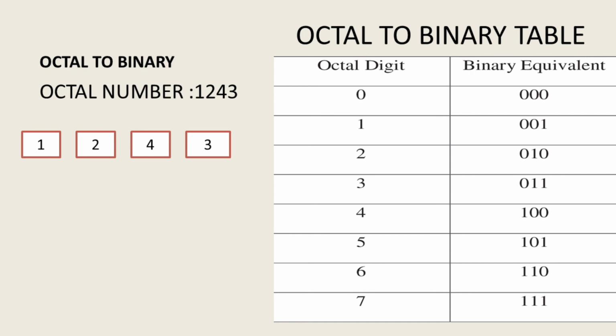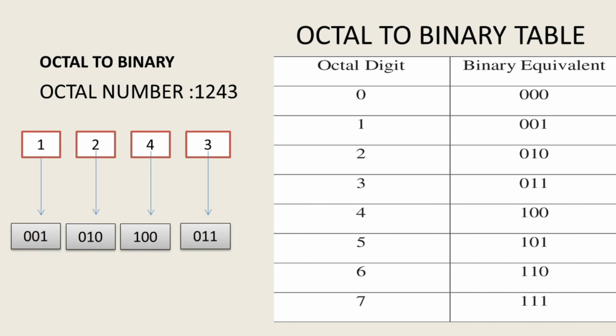What I did is I segregated all the digits of the octal number. The digits are 1, 2, 4 and 3. Now I will try to find out the corresponding values in the table. For 1, the corresponding value is 101. For 2, it is 010. For 4, it is 100. And for 3, it is 011. So we write down the numbers.